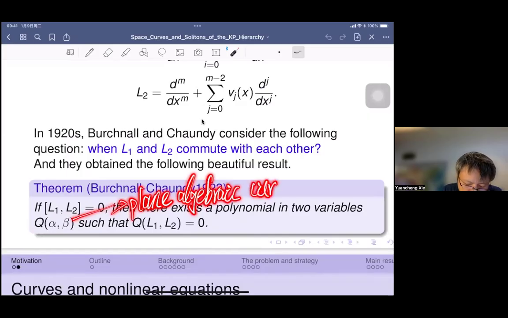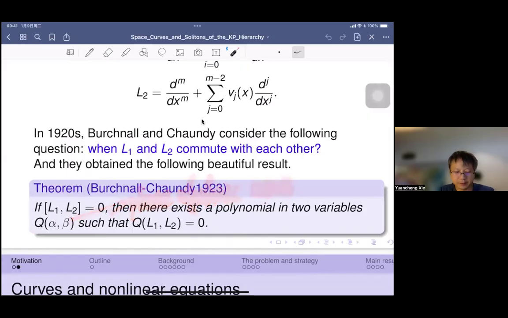And it's very natural to consider algebraic curves defined in a more general projective space. For example, in P3, we can also define some algebraic curves by certain equations.